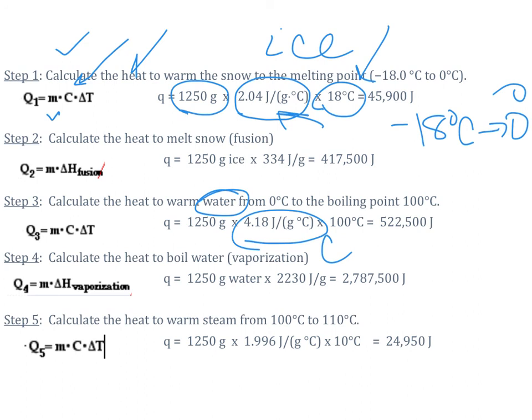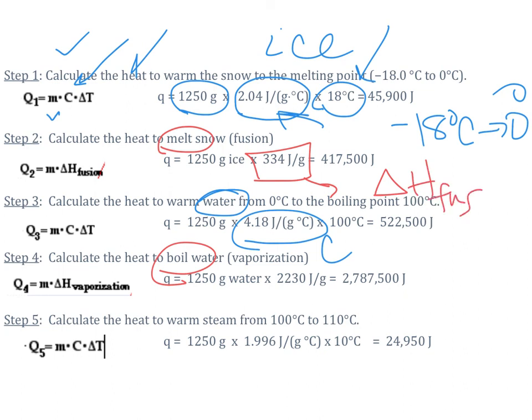And again, remember that anytime you have a phase change, so melting is one phase change, boiling is the other, you are going to use the delta H value, okay? For melting, it's delta H fusion. And notice that the units given to you are joules per gram. So that means that you have to multiply it by the grams of substance to get the joules.